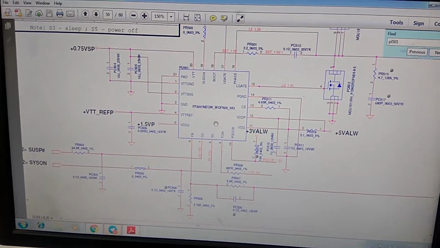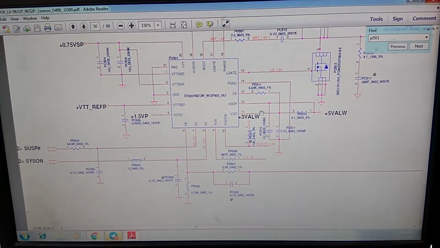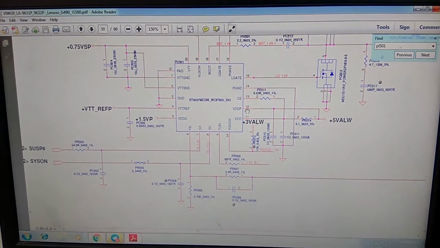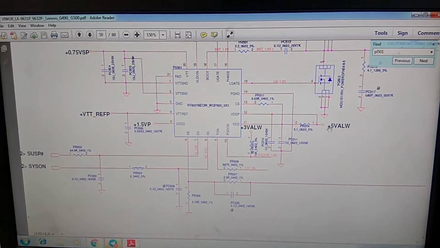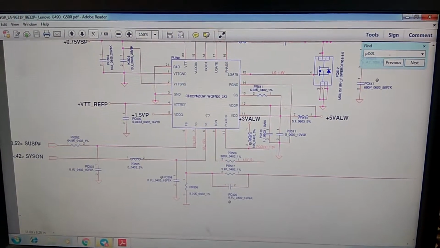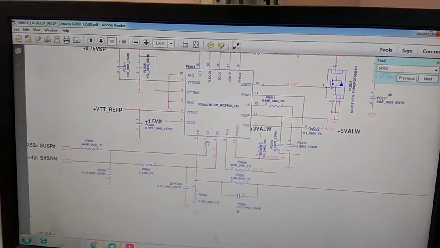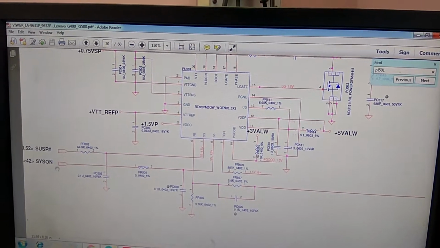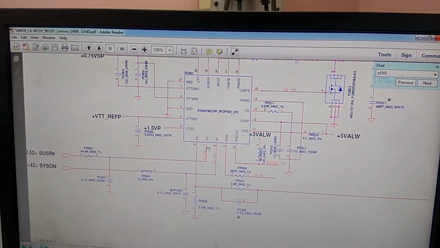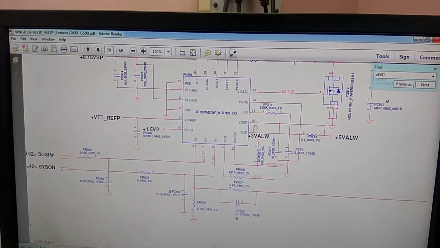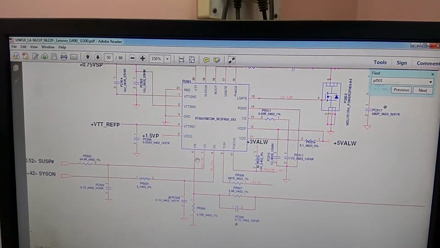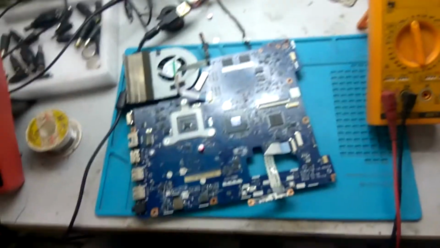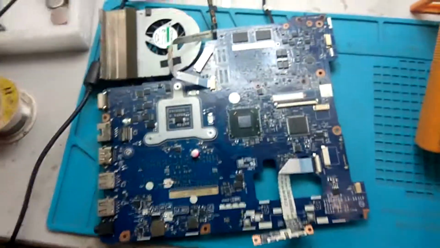In this IC we first have to check pin number 12 and 11, whether 5 volt is okay or not. Then its enable line, pin number 7 and pin number 8, whether SUSP or system on is coming or not. First we check pin number 12, 11, then 7, then 8. After switch on, on pin number 7 and 8 we got the voltage.